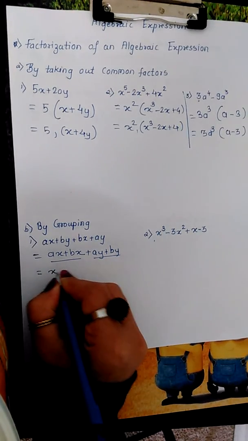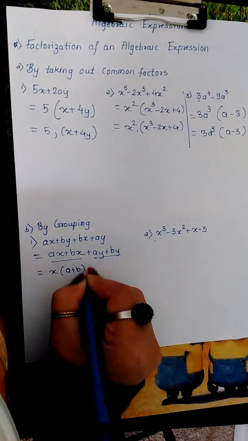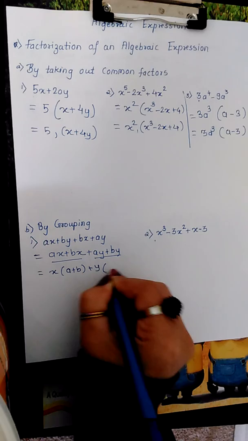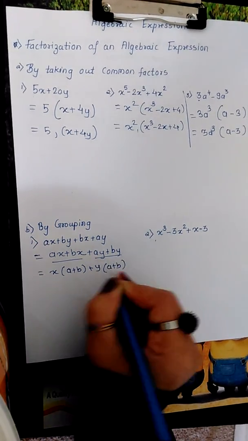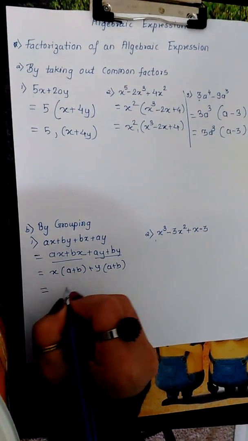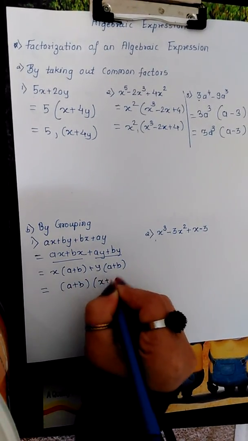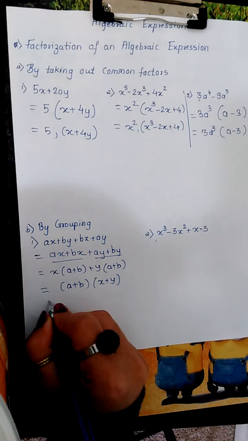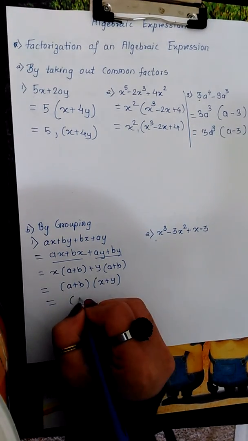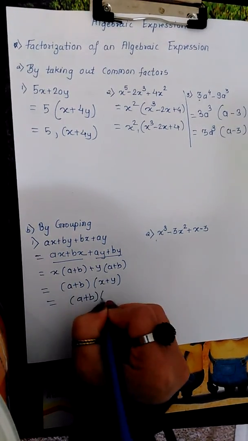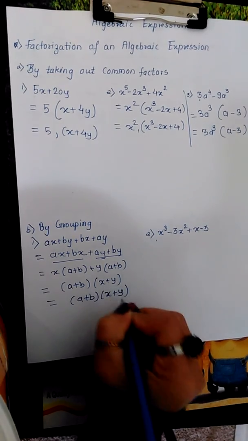So we can take x in bracket a plus b, plus y in bracket a plus b, and again we can take a plus b as common in the first bracket and x plus y. So the factors will be a plus b and x plus y.